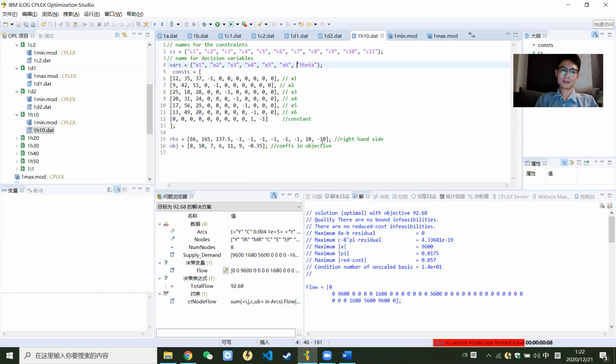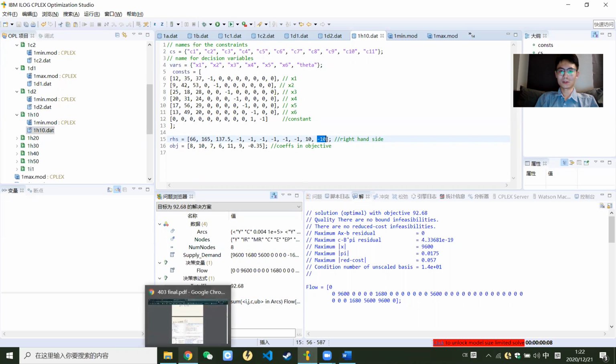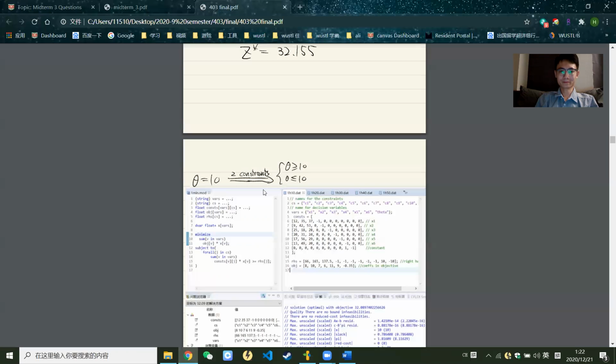This will make theta have to be equal to 10. Minus theta bigger or equal to minus 10 is the reverse of theta smaller or equal to 10.